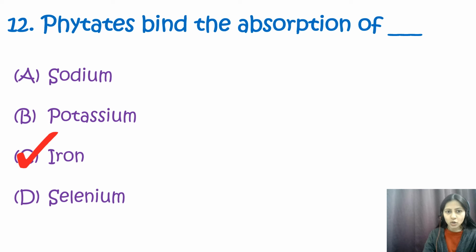When phytate binds with sodium or potassium, it does not have much significance for our body, since these two minerals are present in good amount in our body. When it binds with iron, there will be a reduction in the iron content in our body, and anemia due to deficiency will occur. So the correct option will be option number C, that is iron.